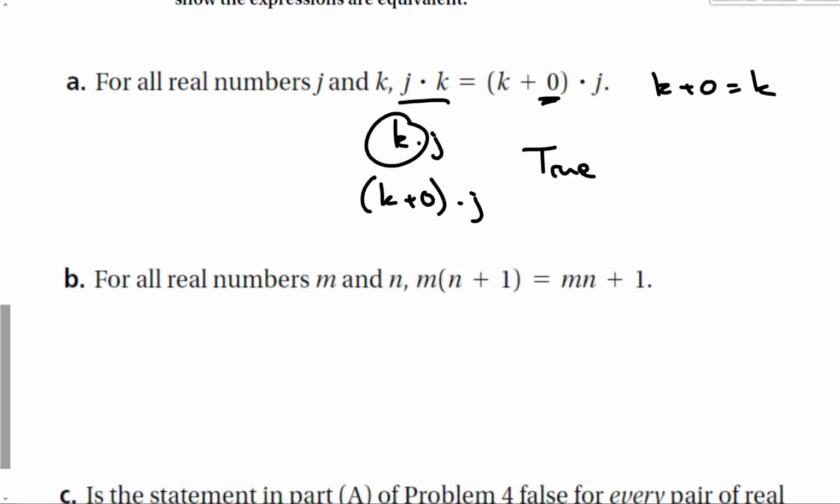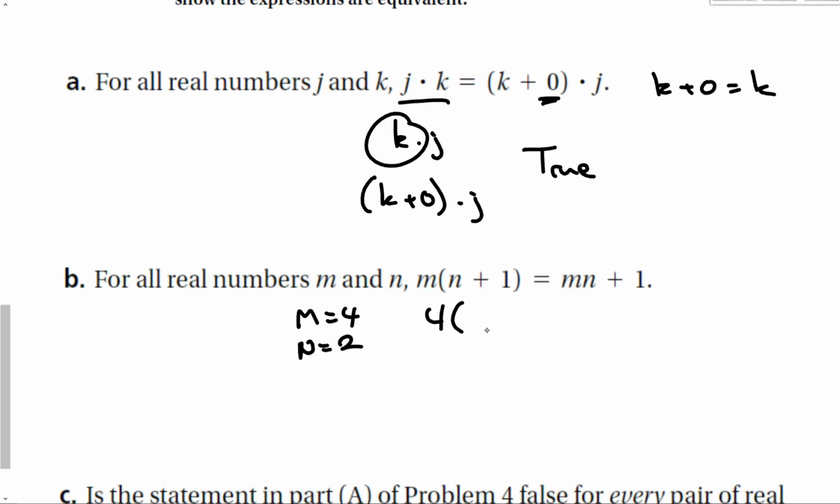So if we can find something in here that these things don't work, then it's not true, right? If we can find a counterexample, then it is not true. So let's see. So let's try m is equal to 4 and n is equal to 2. And let's see what happens.